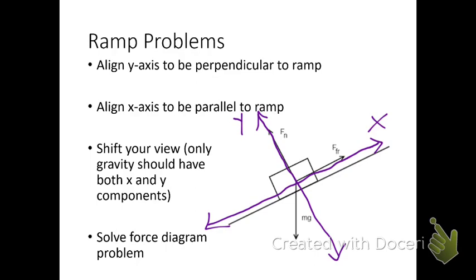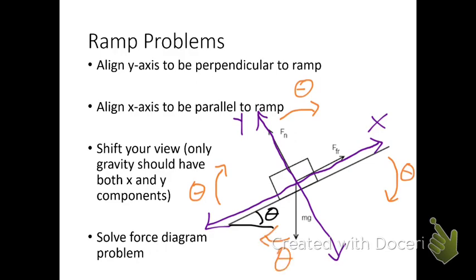Now you're going to want to shift your view a little bit, or at least I like to. Basically, if this is the angle theta right here, imagine rotating this entire picture clockwise an angle theta, grabbing all my axes and all my forces and rotating them clockwise an angle theta.